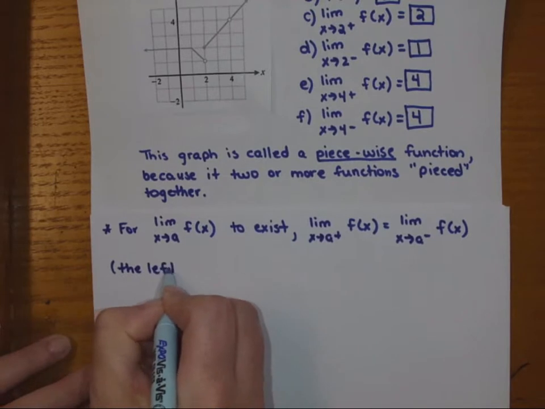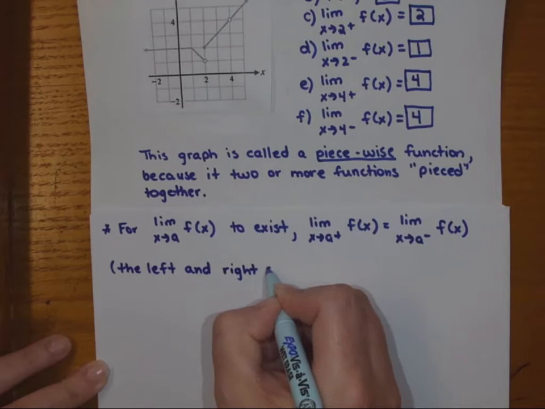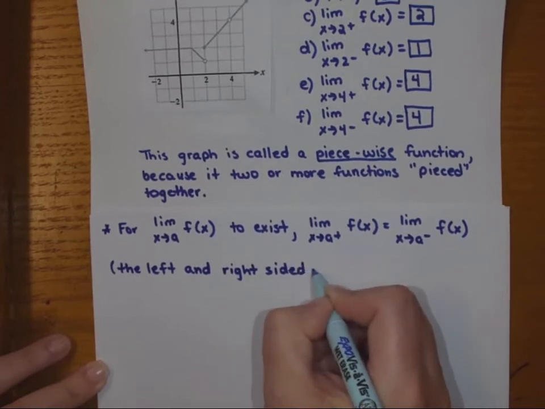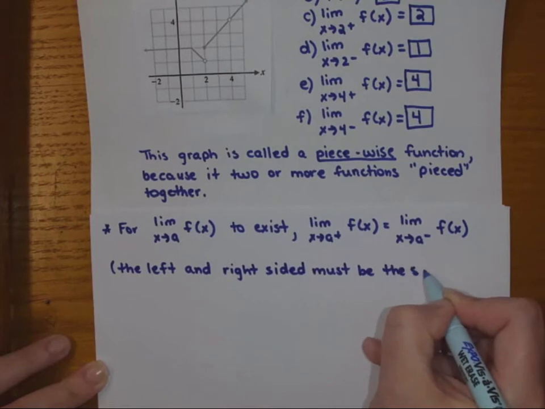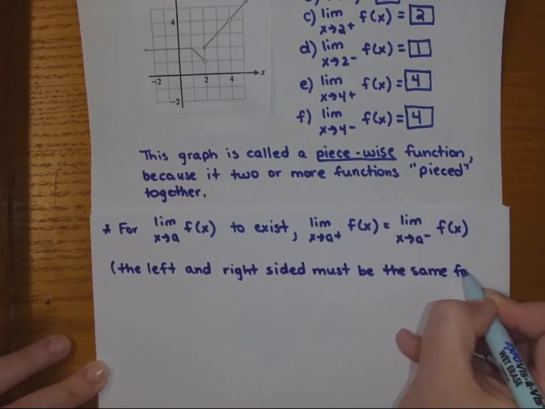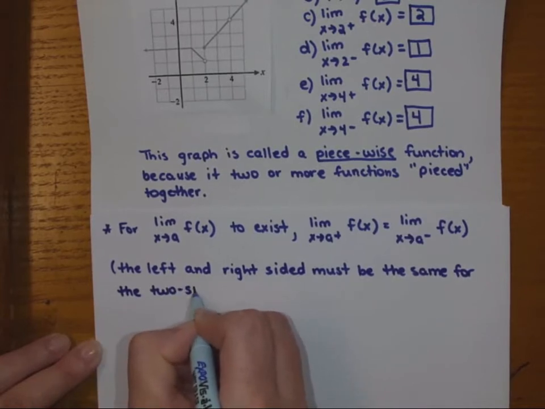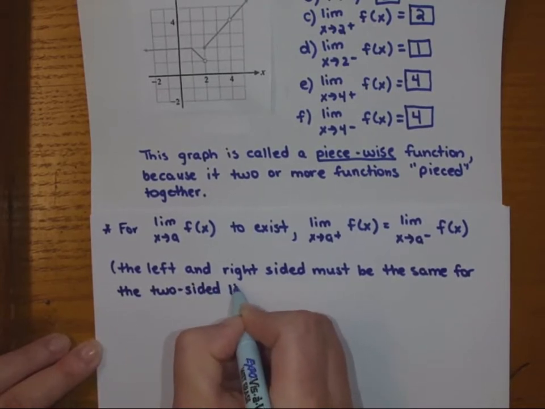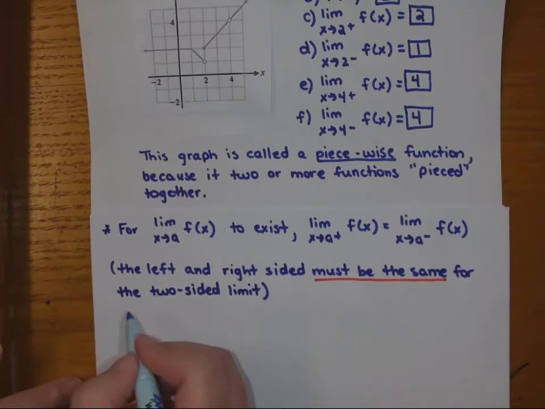The left and right-sided limits must be the same for the two-sided limit to exist. Okay, so the key here is if you have agreement on the left and the right-hand side, then we would say the two-sided limit does exist.